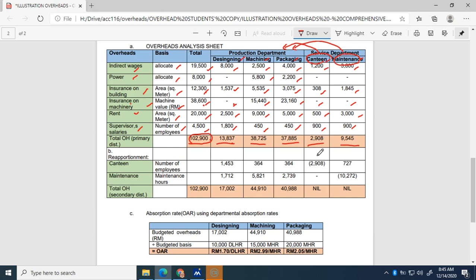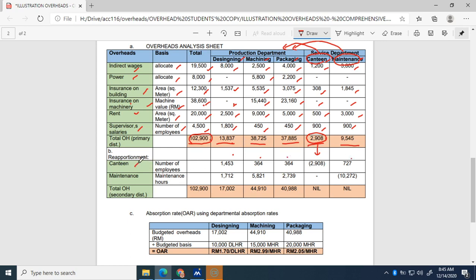Okay, now we refer to canteen. Okay, canteen we have 2,908. So take out all from canteen, so minus 2,908. So we should apportion to other departments. Since we use reciprocal or repeated distribution, from canteen we should distribute to designing, machining, packaging, and also to maintenance.